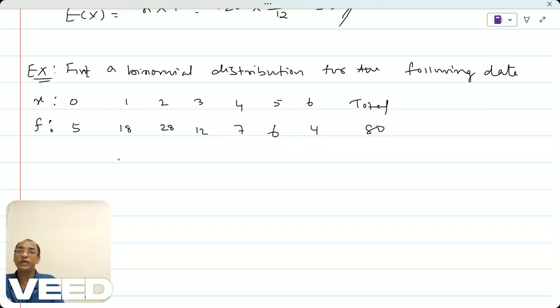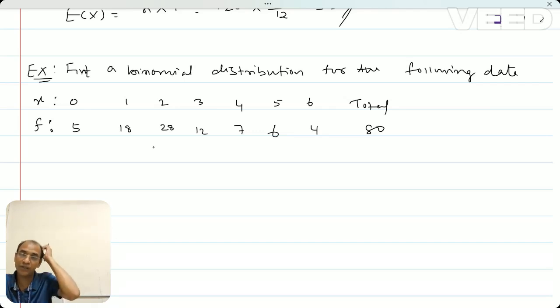So whenever you get this type of problem, fit a binomial distribution, we will evaluate the theoretical distribution applying the binomial distribution. So we will fit this data through the binomial distribution.